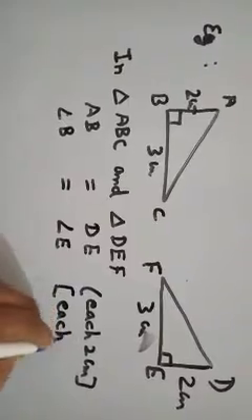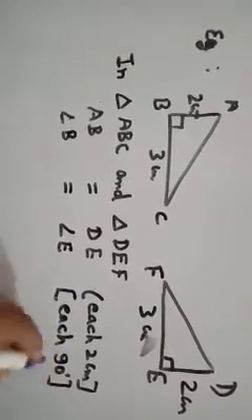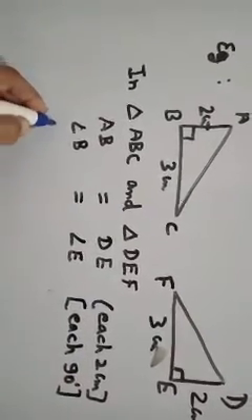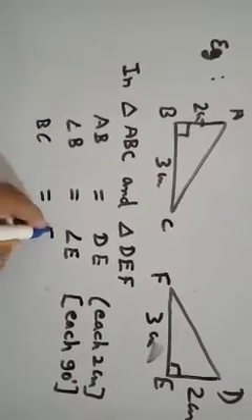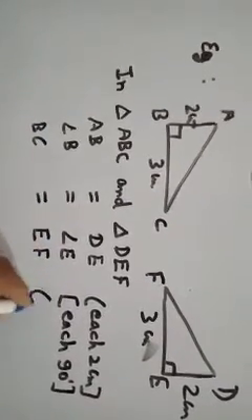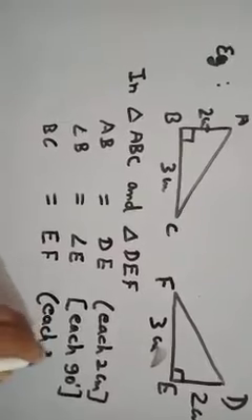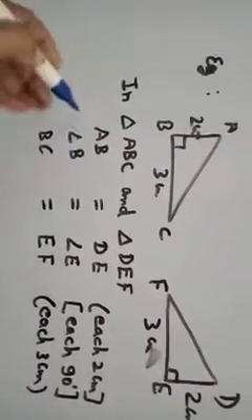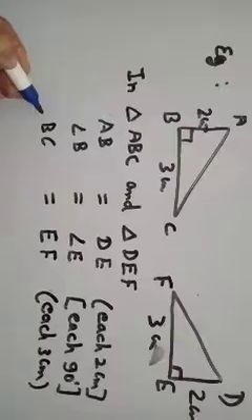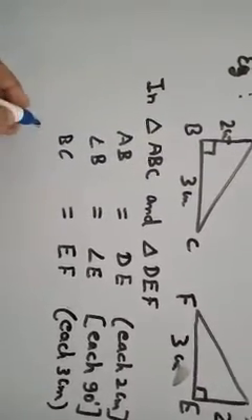Each is 90 degrees. That's why both angles are equal. And BC is equal to EF. Why? Because each is 3 cm. So there are three elements which we compare for congruency of triangles.